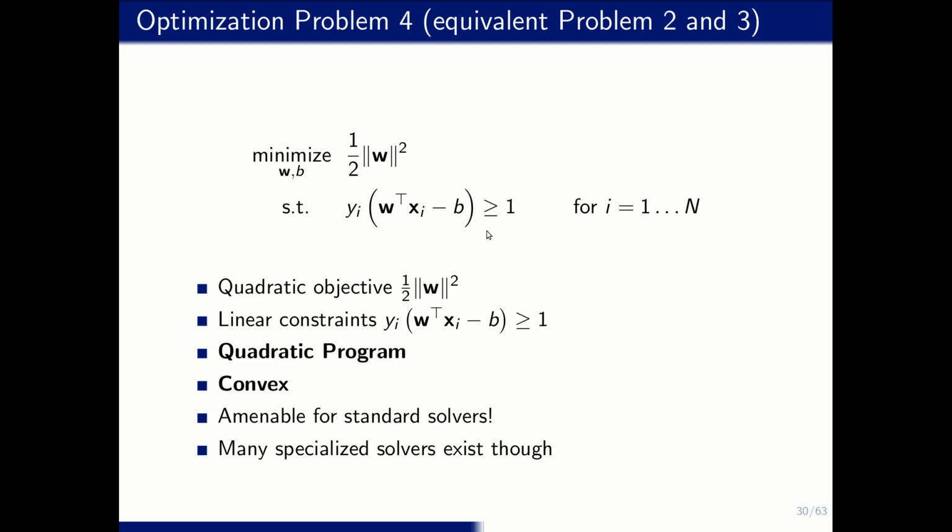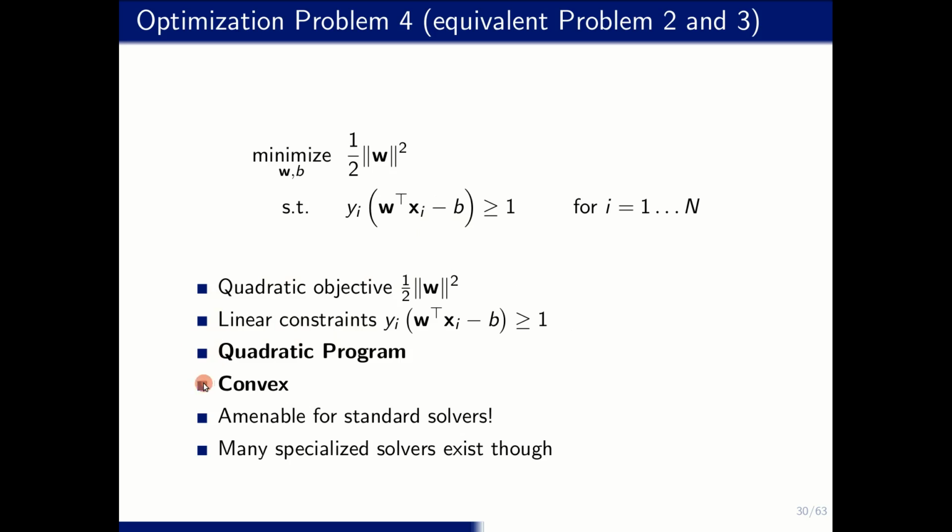This is a formulation of the max margin hyperplane where we have a quadratic objective in the parameters. We have linear constraints. If you look at this, it's an affine function, therefore linear in w and b. So these are linear constraints, and this is a special case of a so-called quadratic program.